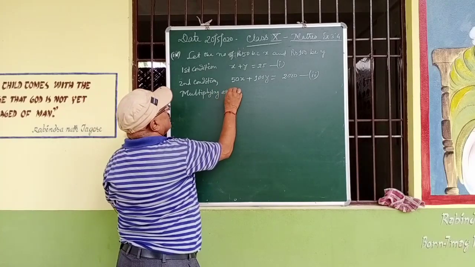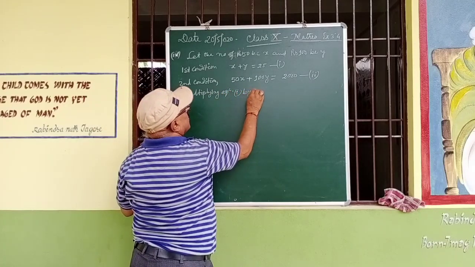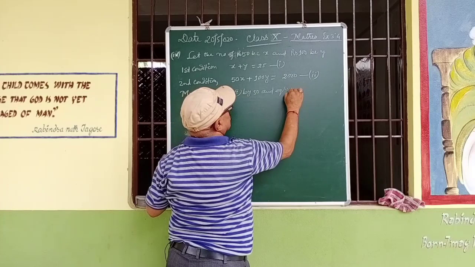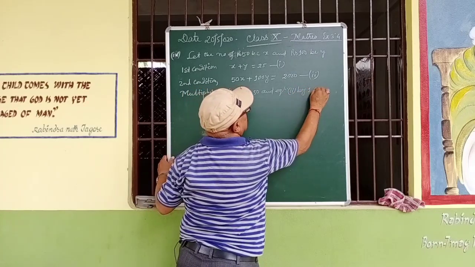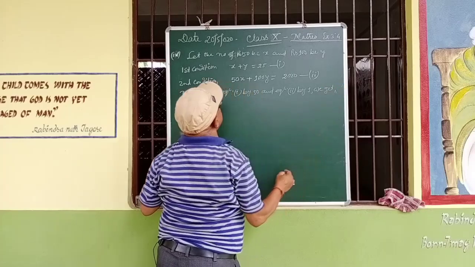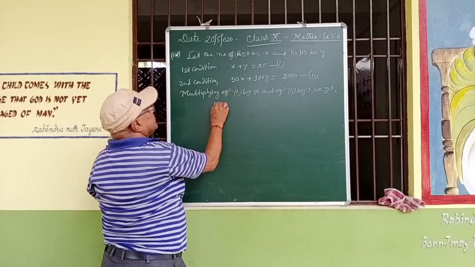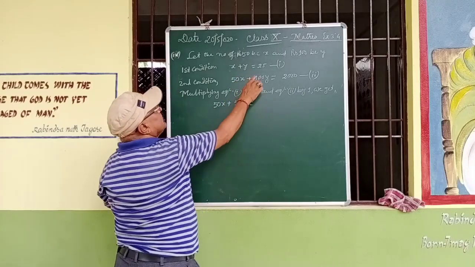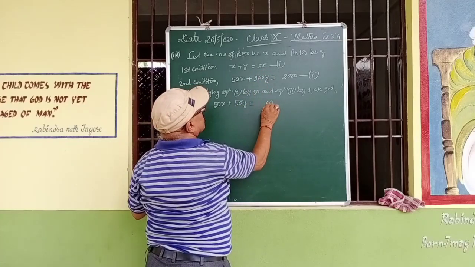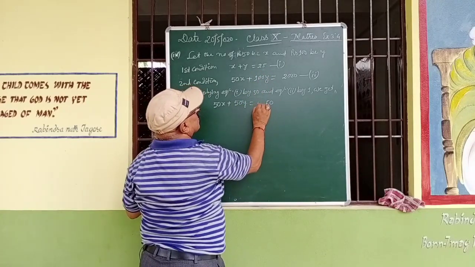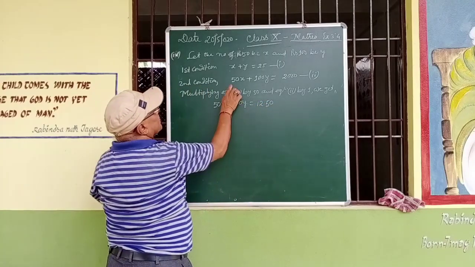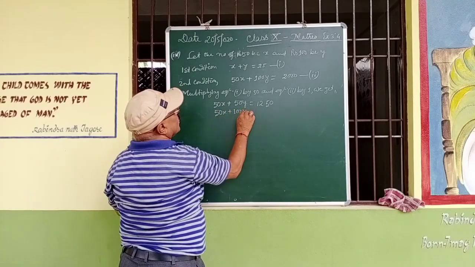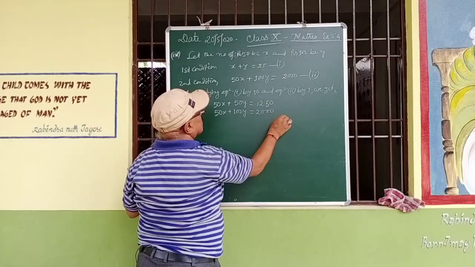Multiplying equation 1 by 50 and equation 2 by 1, we get 50x plus 50y is equal to 50 into 25, and equation 2: 50x plus 100y is equal to 2000.